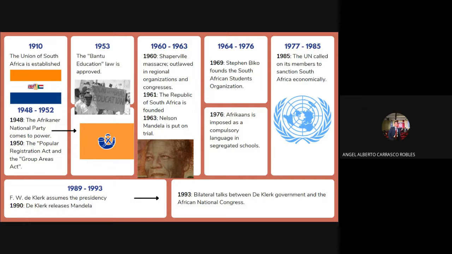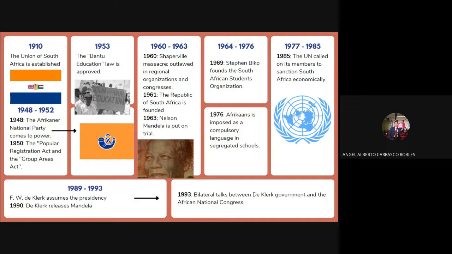Among the different personalities, we can consider Johannes Gerhardus Strijdom, a man from the Transvaal colony who was a faithful believer of Afrikaner nationalism. Another one is Daniel Francois Malan, who was the greatest exponent of such nationalism.